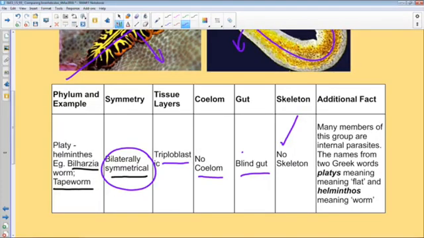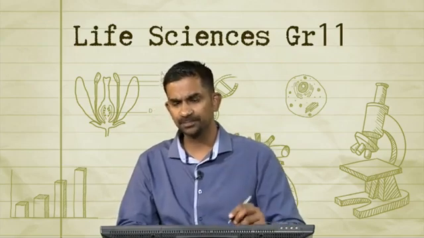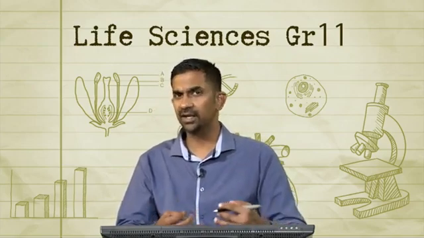Some additional facts, and I did mention this earlier: many members of this group are internal parasites in other organisms. The liver fluke is a free living organism, but the tapeworms and the Bilharzia worms are all examples of parasites that live within a host. Due to their mode of nutrition, they can absorb their nutrients through their body surfaces.